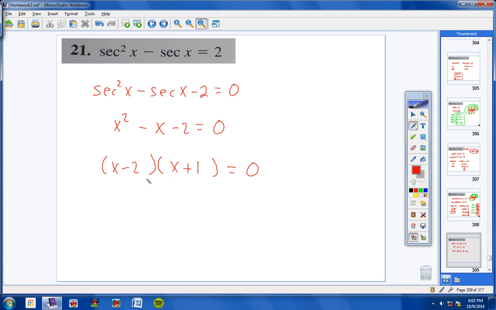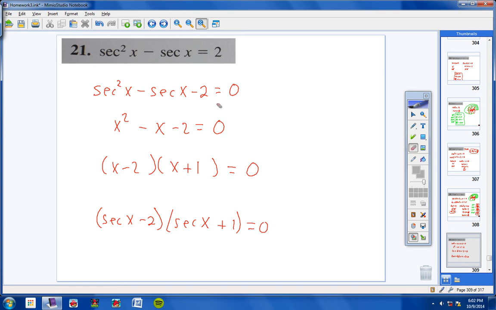If you combine negative 2 and 1, you get a negative 1. So the last thing left to do is put secant back in. So I have secant x minus 2, and this secant x plus 1. All of that equals 0, okay?